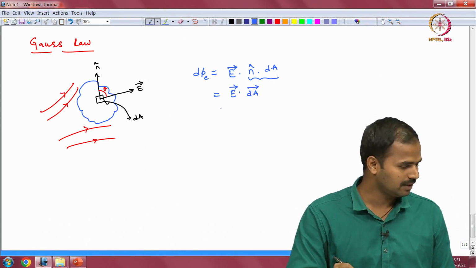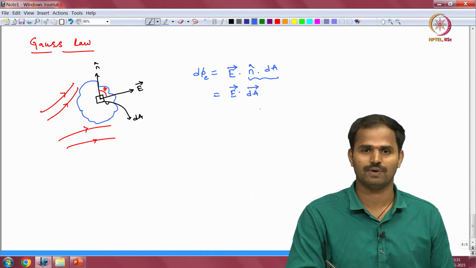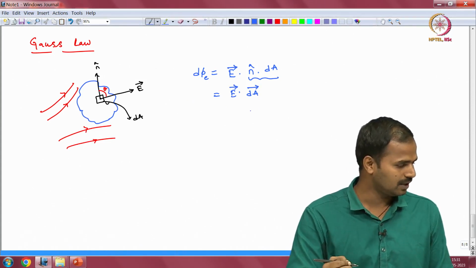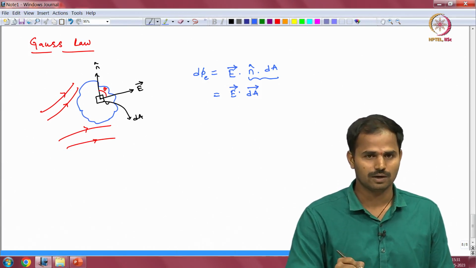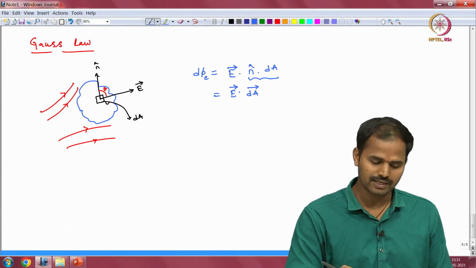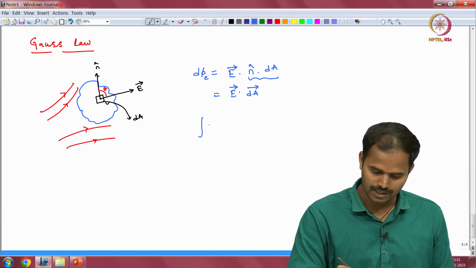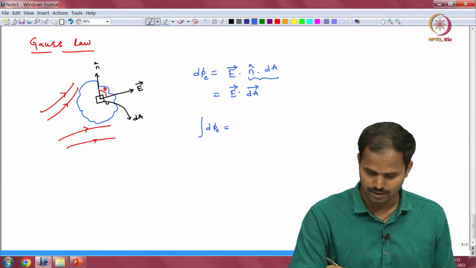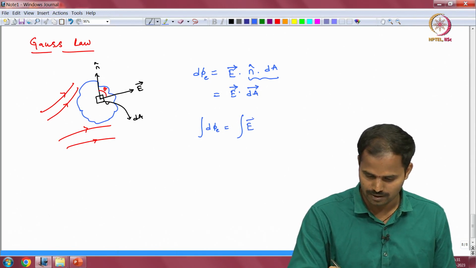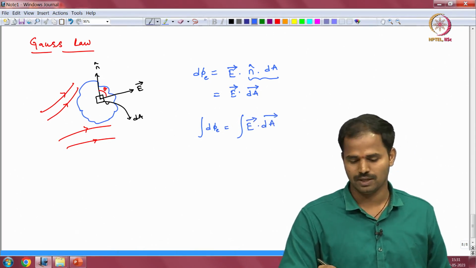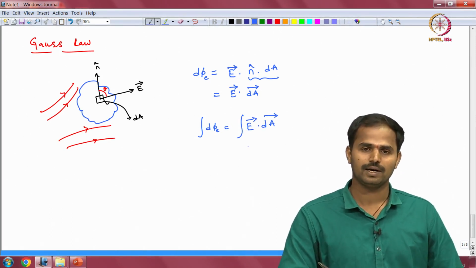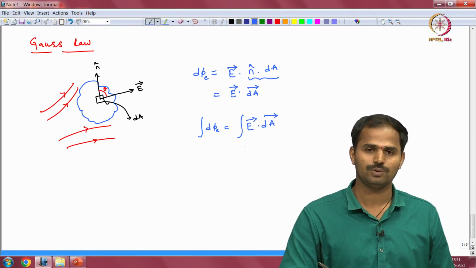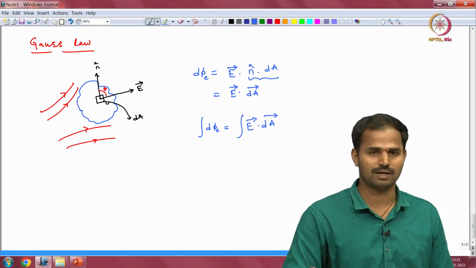Okay. This is the change in electric flux. If you want to find the flux with respect to the complete entire surface, then we have to integrate it. d phi E equals integral of E dot dA. This is the equation which we will utilize to find the electric flux flowing through a complete closed surface.